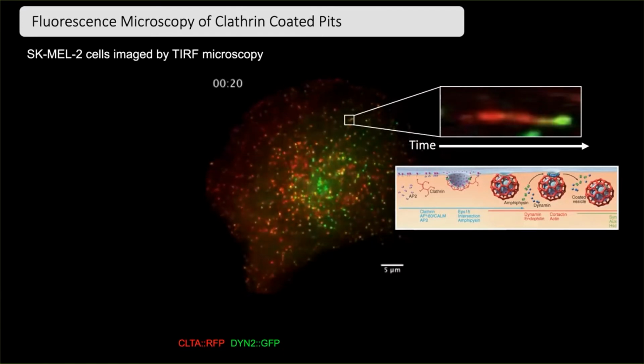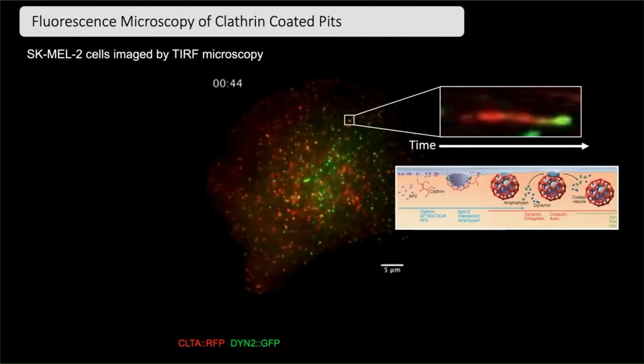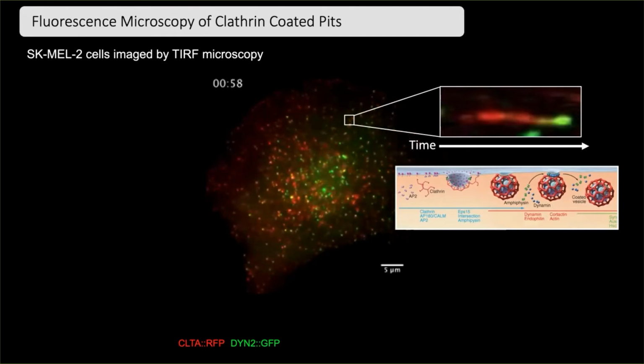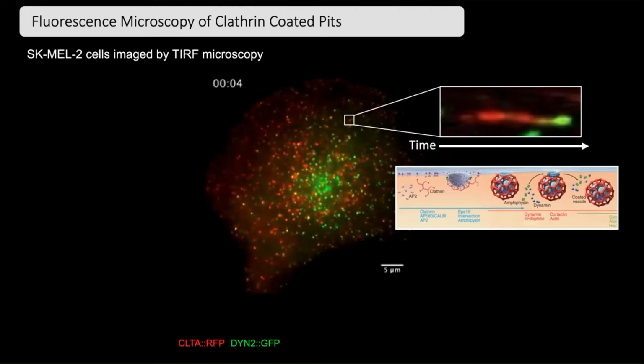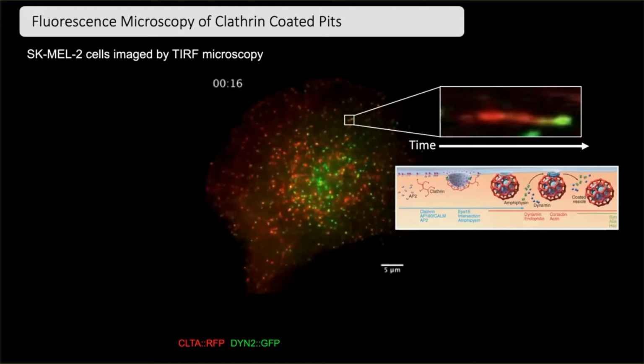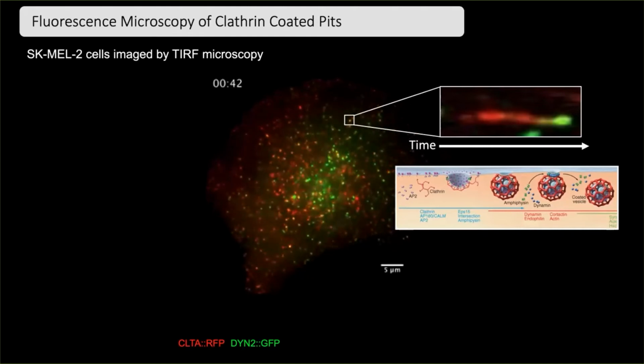Now, because these cells have endogenous labels, meaning they express RFP and GFP from the endogenous locus, and the expression levels are as close as one could try to get to the endogenous expression levels, the signal is quite dim.